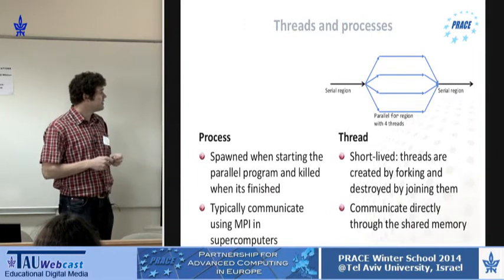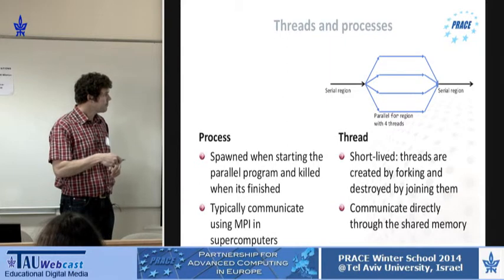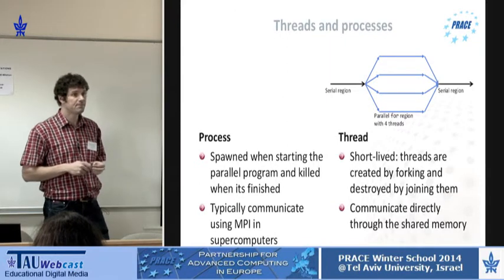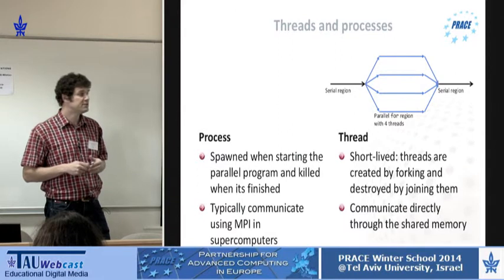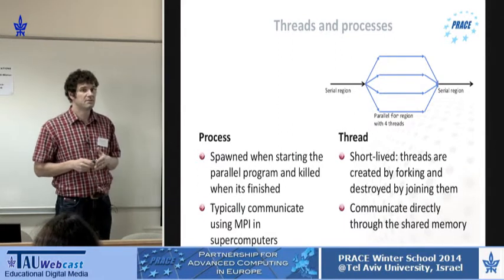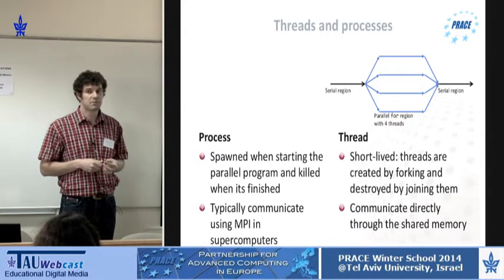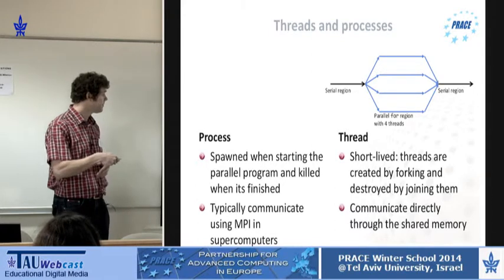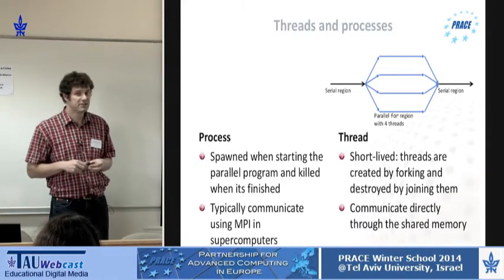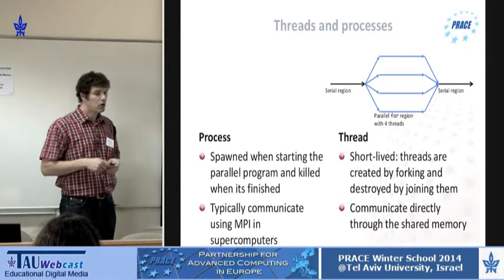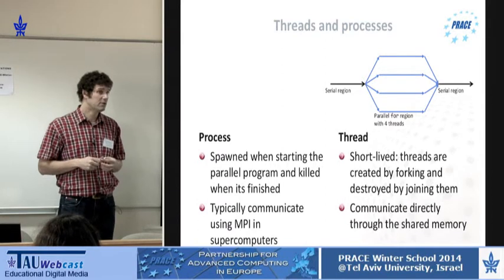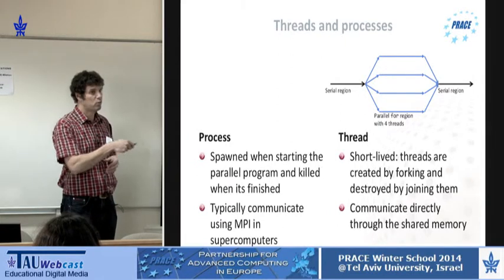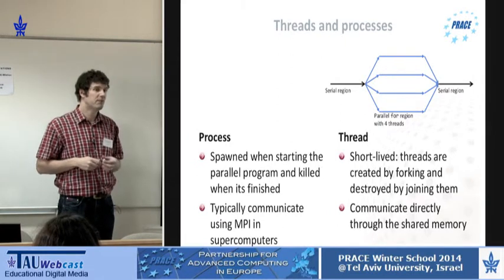And that also means that, because threads share the same memory, communication between threads is possible just by accessing variables in the same shared memory. In MPI, one has to send and receive messages. Here, no messages are necessarily needed at all. It's just that one thread reads some memory location, which another thread has maybe been modifying a bit earlier.